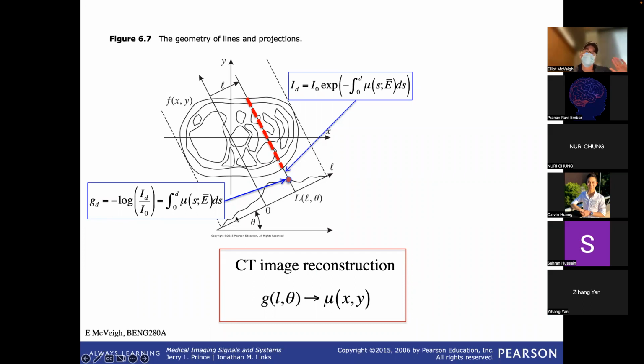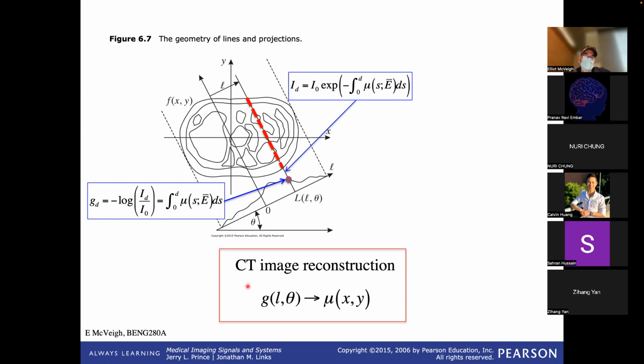And remember, we're going to sample this at discrete values, whatever the separation is of our detectors in the L direction, and we will sample, say, 1,000 times over 360 degrees in theta.